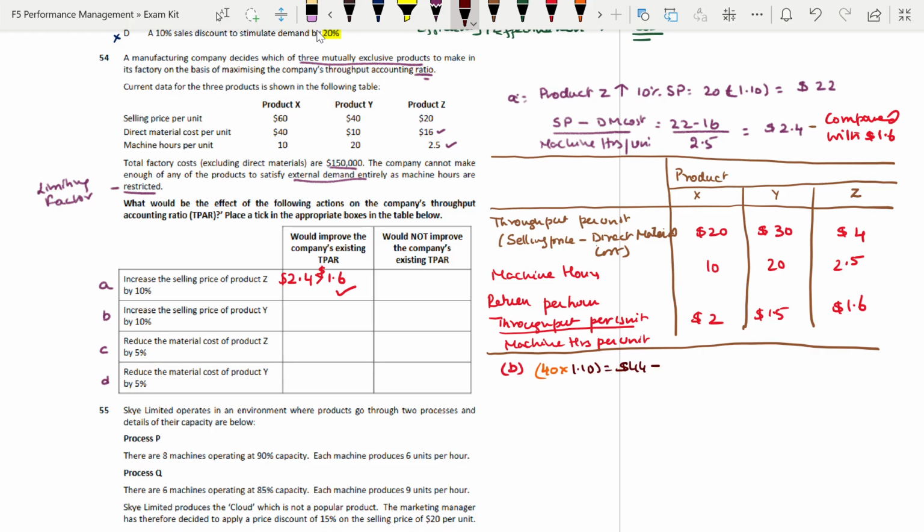For product Y, what is the material cost? Material cost is 10.